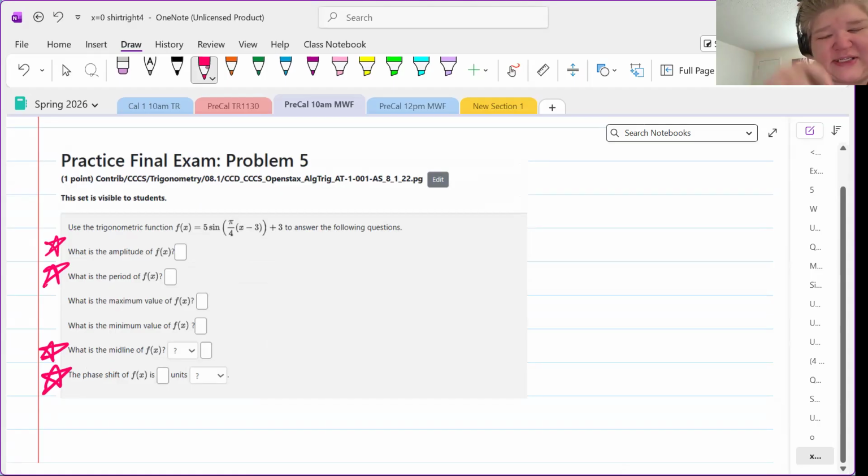You do not have to sketch the graph on the final, but you do have to answer the 4 questions based on the equation. So our amplitude comes from our A value. So that is literally just 5. Whatever number is in front, there's your amplitude. Done.